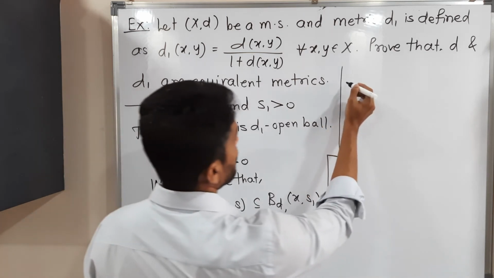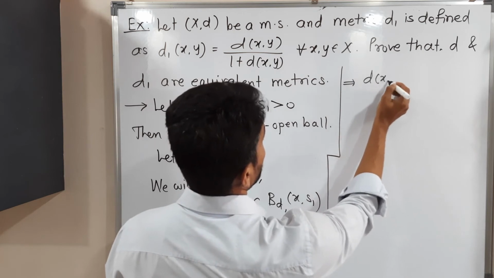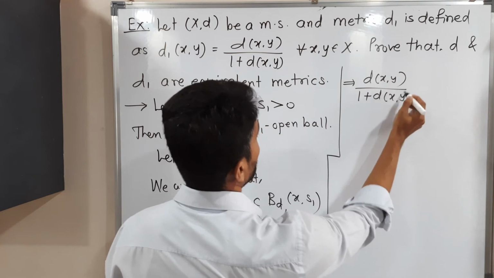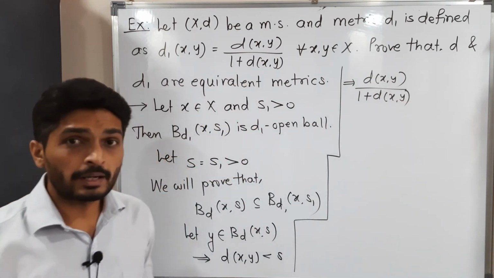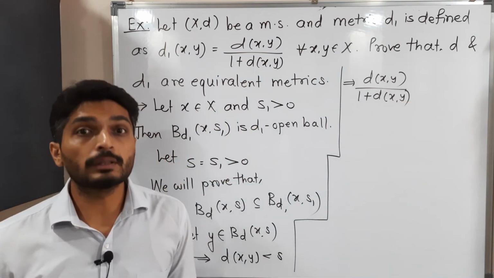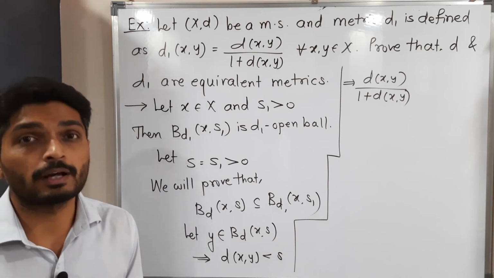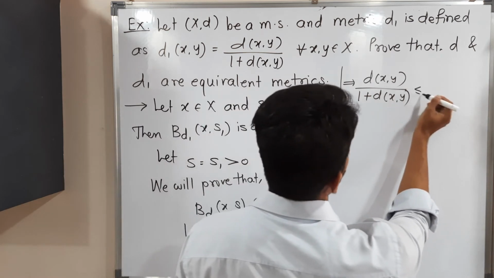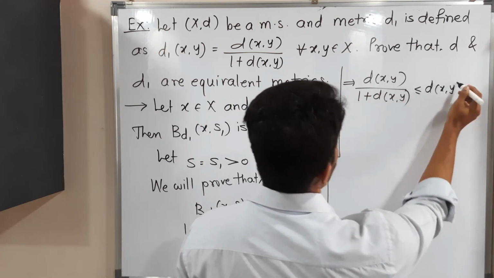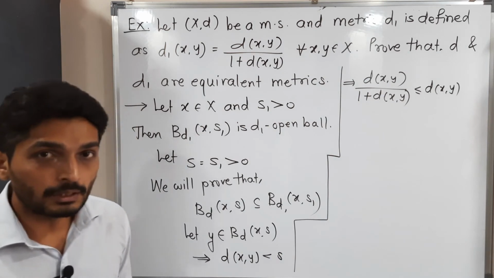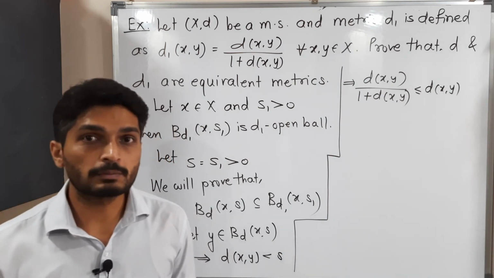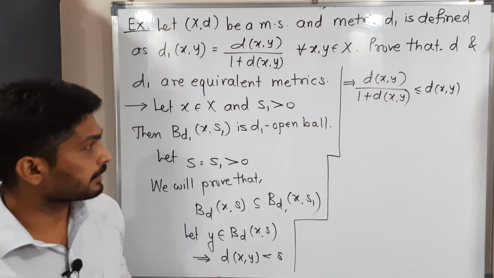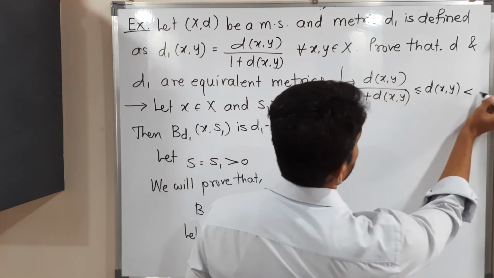This implies d(x, y) / (1 + d(x, y)): we are dividing d(x, y) by one more number, so obviously it reduces the value. So d(x, y) / (1 + d(x, y)) is less than or equal to d(x, y), since if you divide by any number greater than 1, it is definitely less than that. But d(x, y) is less than s.